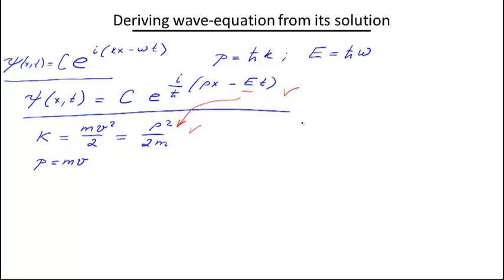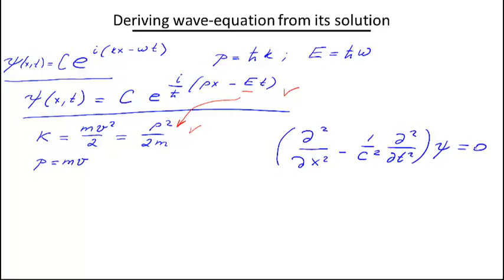Well, a reasonable naive guess, which turns out to be incorrect, let me just say, would be to assume that the electron wave function satisfies the usual wave equation. So in the one-dimensional case, we would write simply d2 over dx squared minus 1 over the velocity squared of our wave, d2 over dt squared, psi equals 0.